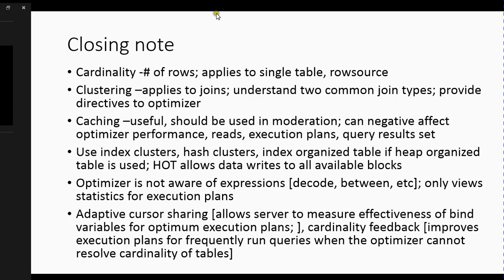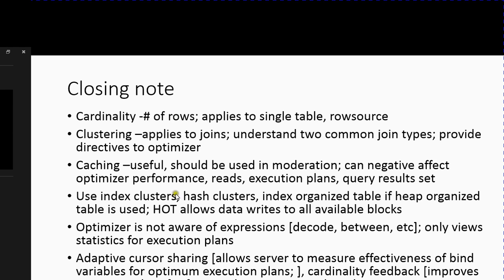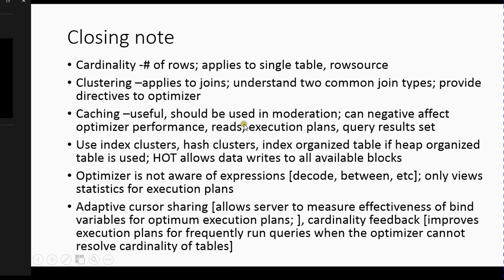If you have first rows and a number of rows that you're retrieving that are representative of the overall data set, then that's what the optimizer will base its processing on.